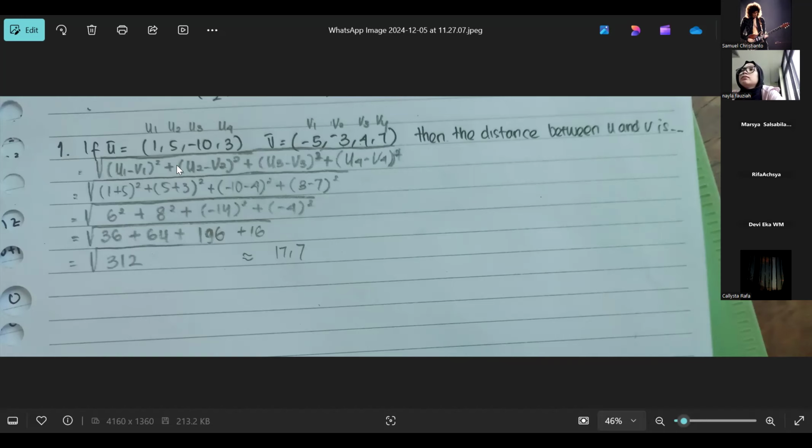We solve that: the square root of 6 squared plus 8 squared plus -14 squared plus -4 squared, which is the square root of 36 plus 64 plus 196 plus 16. The value is the square root of 312, and the approximation is 17.7.